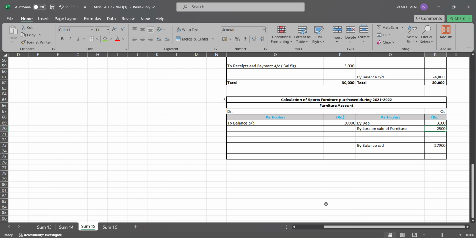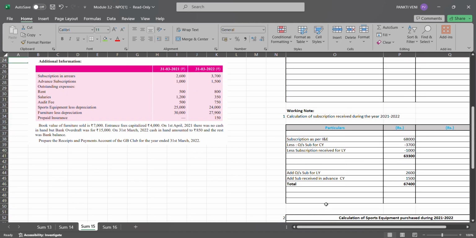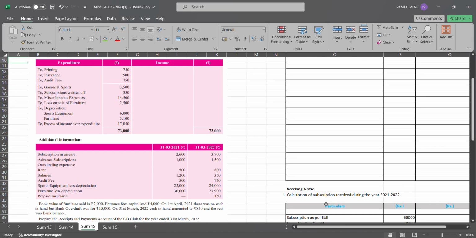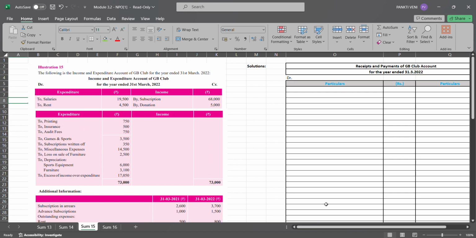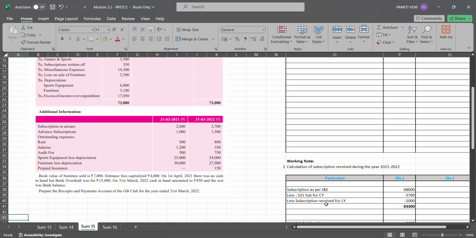Then I have, anything else I have? Entrance fees is capitalized. Book value of furniture sold is 7,000. In April there was no cash. So they have mentioned the book value of furniture as 7,000. The selling price of furniture is 7,000.